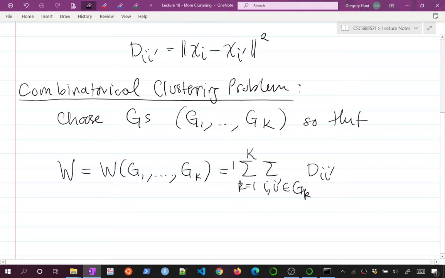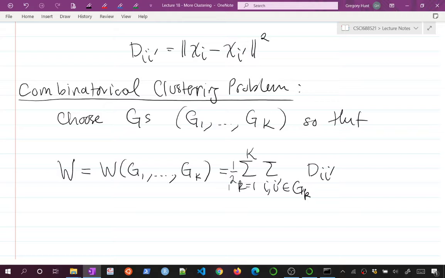Now, sometimes people like to put a 1/2 out front, and that doesn't actually change any of the math. It's just a cute little thing to make some of the theory behind this a little cleaner. One way of thinking about it is that I'm summing over i and i prime, so I'm double counting: I sum over 1 and 2 and 2 and 1, right? So there are some reasons why people like to put that 1/2 there, but it's not particularly important.